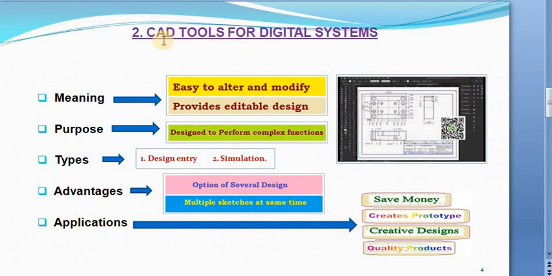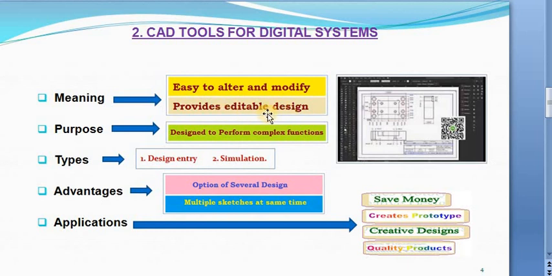So what are various CAD tools which are used in digital systems? The definition says that the CAD is easy to alter and modify. What that means is the CAD transforms the blueprint of a drawing into an editable design.